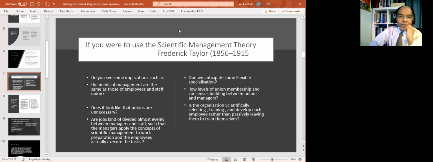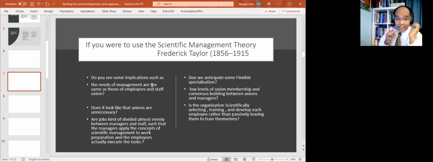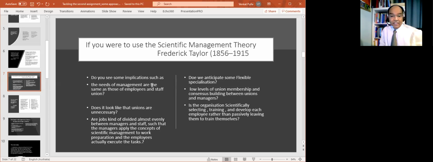Everybody is taken care of very well. Are jobs divided almost evenly between managers and staff, such that the managers apply the concepts of scientific management day to day, and there's preparation, and the employees actually execute all the tasks?